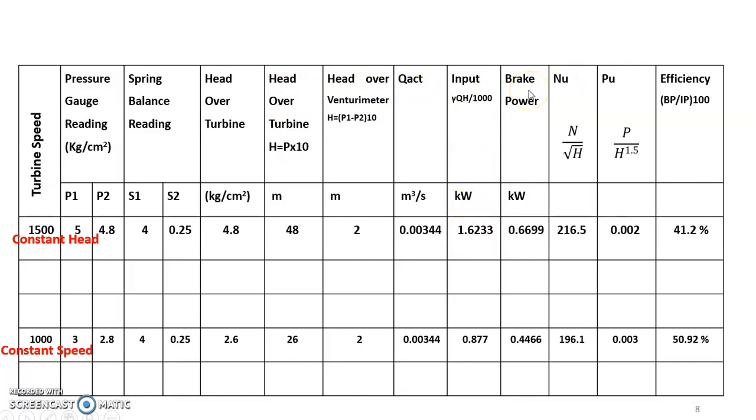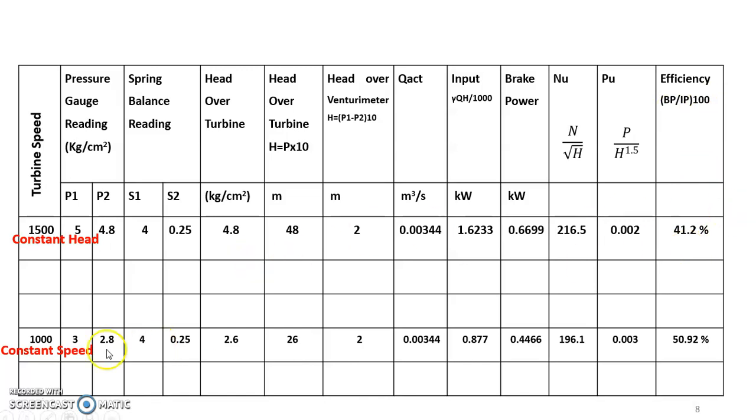And the brake power, which is calculated by using the formula 2 pi NG into S1 minus S2 into RD divided by 1000 into 60, is 0.669 kilowatts, and the unit quantities like unit speed and unit power are 216 RPM and 0.002 kilowatts. Finally, efficiency is calculated. Efficiency is brake power by input power into 100. So it is around 41.2 percent.